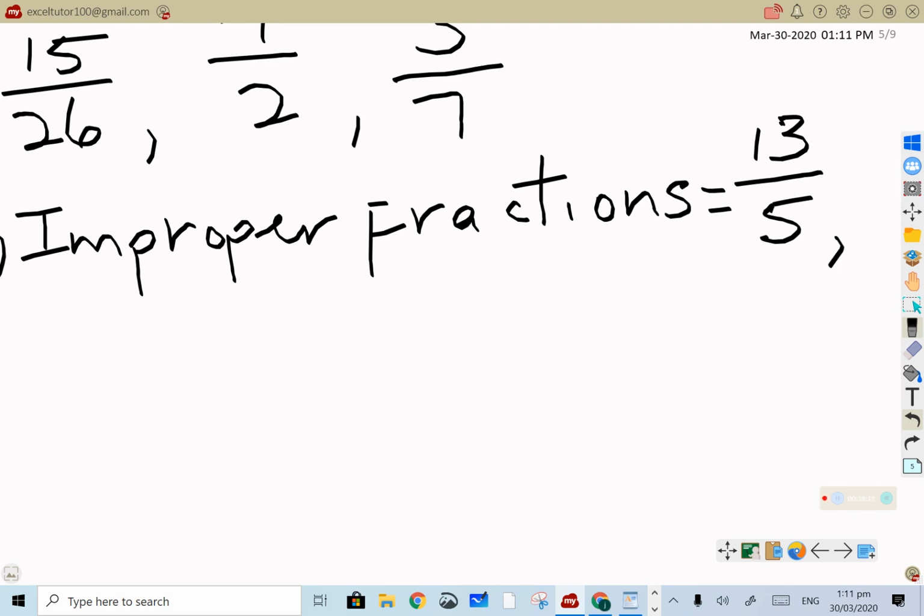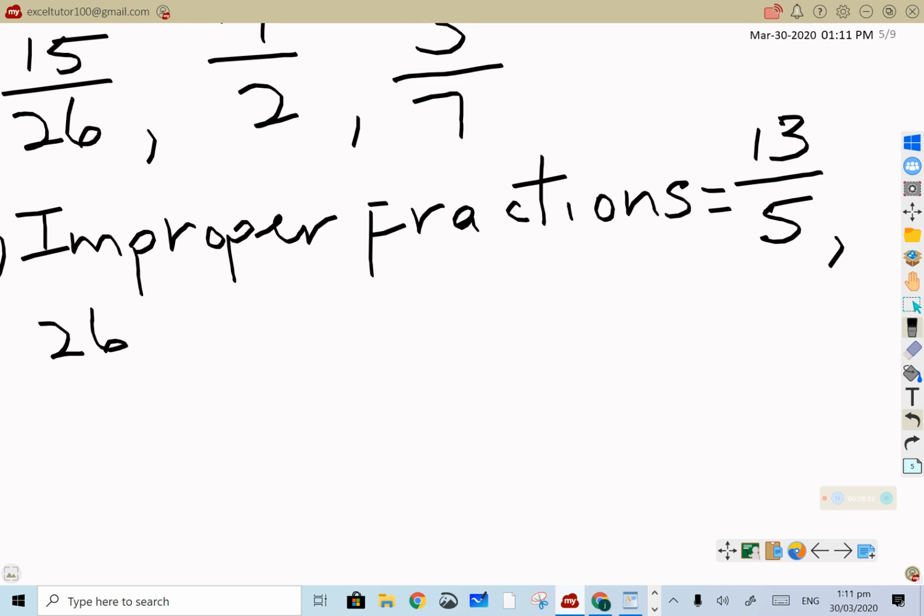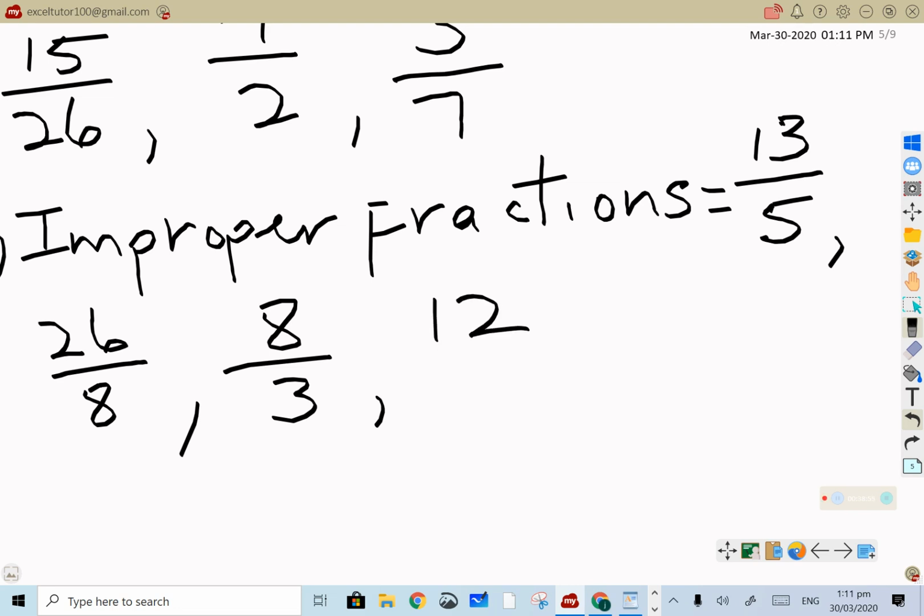Okay, so we have other examples. Oh dear, it went straight off the lesson. 26/8. Okay, we have 8/3. Now if you look at it, the numerator is larger than the denominator. 26 is larger than 8, 8 is larger than 3, 12 is larger than 5.